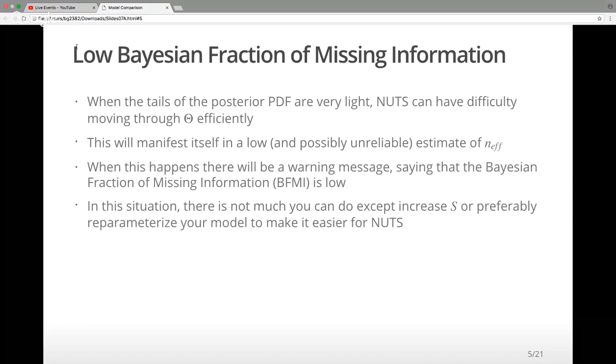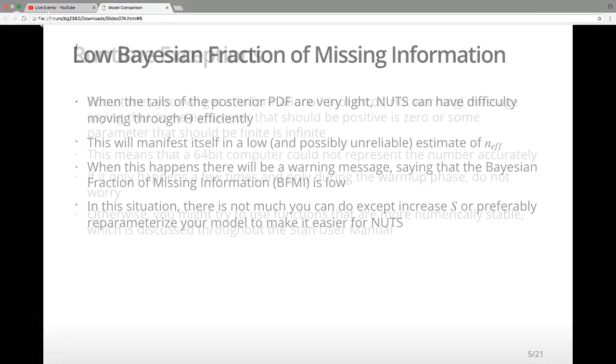No. Okay, so once you do this, and there are no more warnings left, or maybe there weren't any to begin with, then you can go on and start analyzing the results, making posterior predictions, comparing models to other models, things like that.